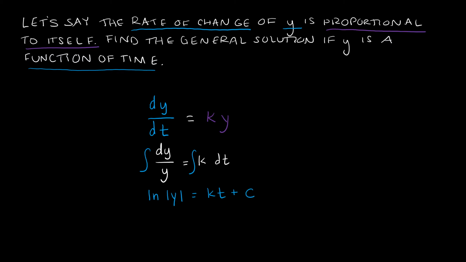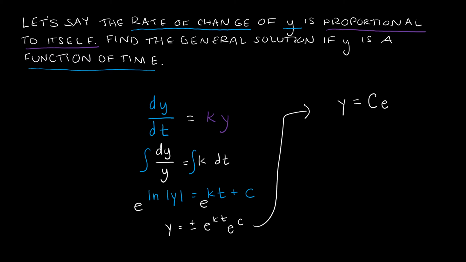And again, using all of the same skills that I've been building, I'm going to end up exponentiating each side, and that gives me the absolute value of y, which I'm going to write as plus or minus e to the kt, and then of course plus c is the same as times e to the c, which means that I can write this as y equals c e to the kt. This is the general solution.